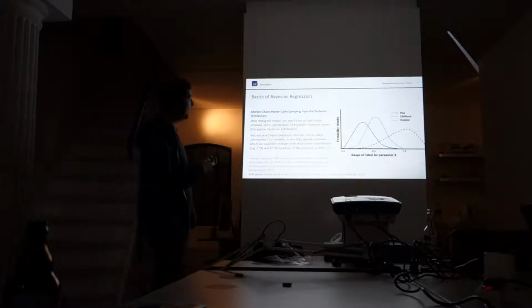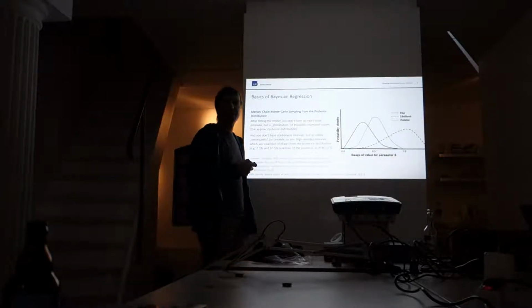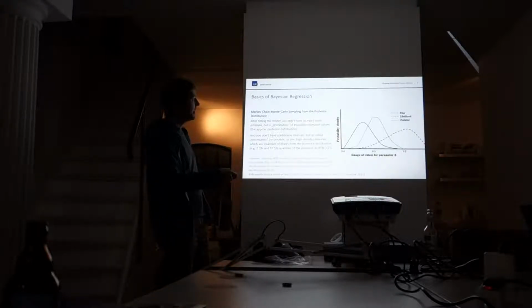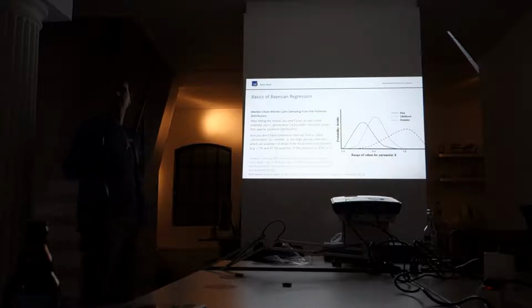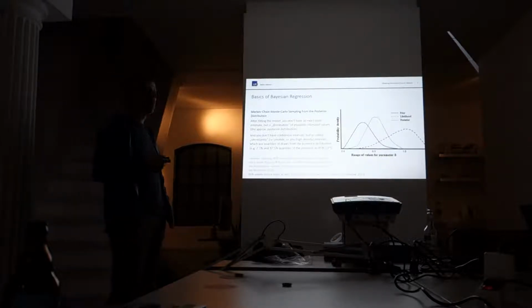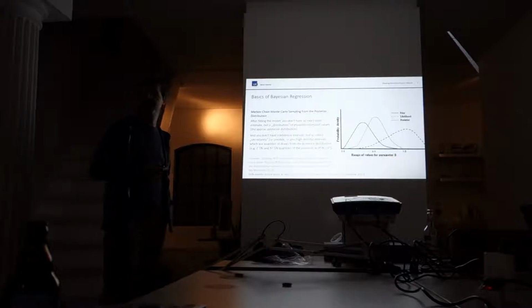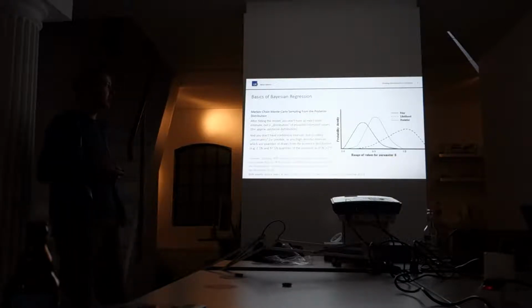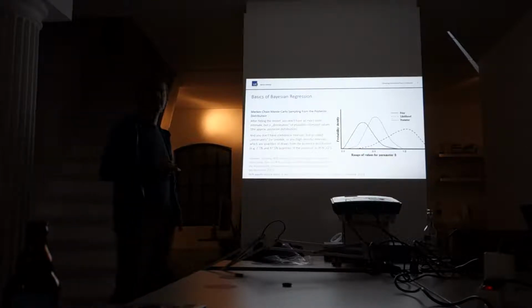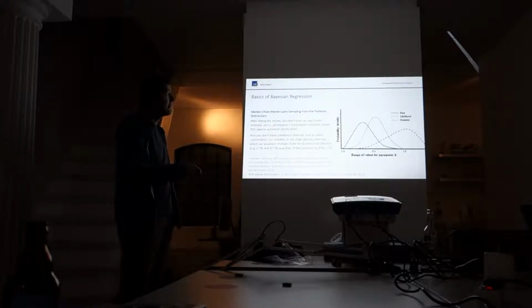So when you have fitted a model, what you get as a result is the posterior distribution, and this is the distribution of multiple plausible estimates. So you do not get just one point estimate when you compute a Bayesian model, but you get, by default, 4,000 different estimates distributed in this way, which is called the posterior distribution.